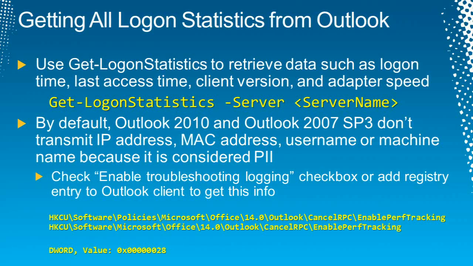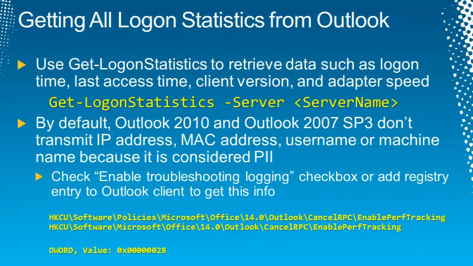We did that because in some scenarios, think for instance Office 365 in the cloud, having that information transmitted to an Exchange server that's not managed or that's in a hosted environment in Office 365 could represent the disclosure of personally identifiable information, PII.